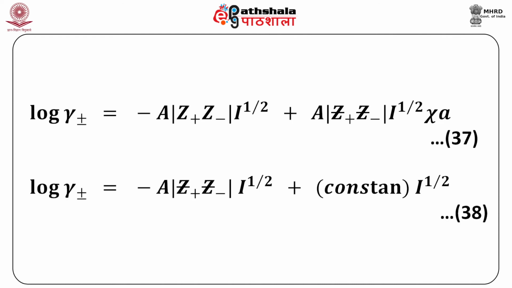It was seen that the plot of log gamma plus minus versus root I gives values of log gamma plus minus higher than those given by the limiting law. The deviation increases with the concentration. Moreover, the general shape of the predicted curve, given in a figure, is along the right lines.